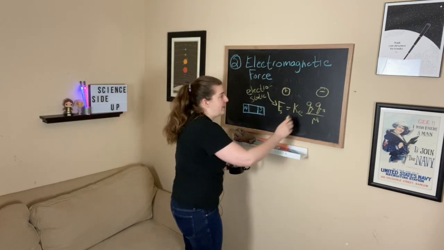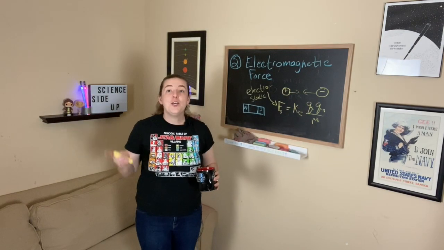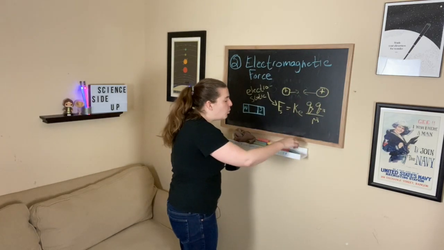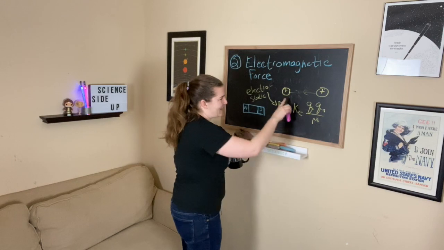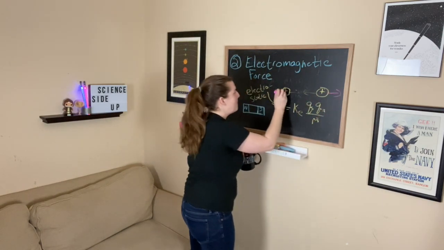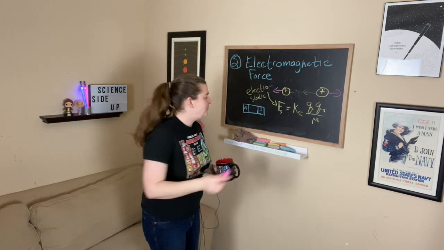They're going to try to move towards each other. But if we flipped the sign around on this particle, now we're going to have a repulsive force. So these guys, if they're the same charge, would try to move away from each other.